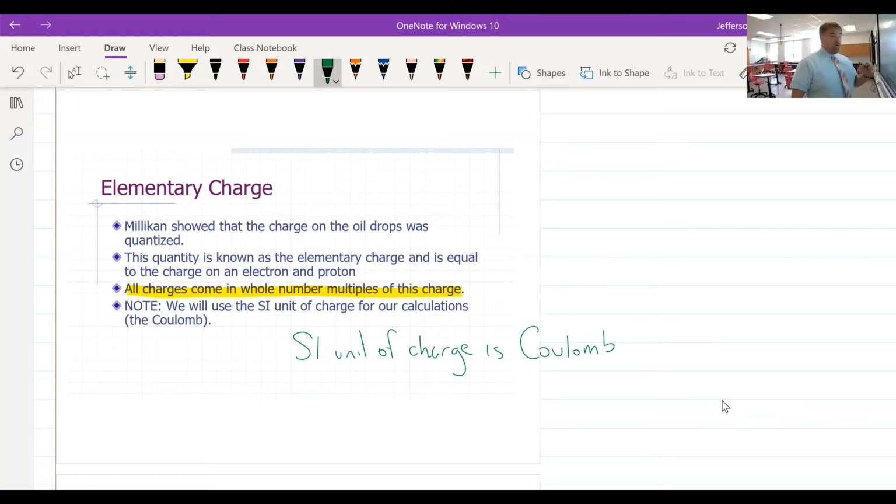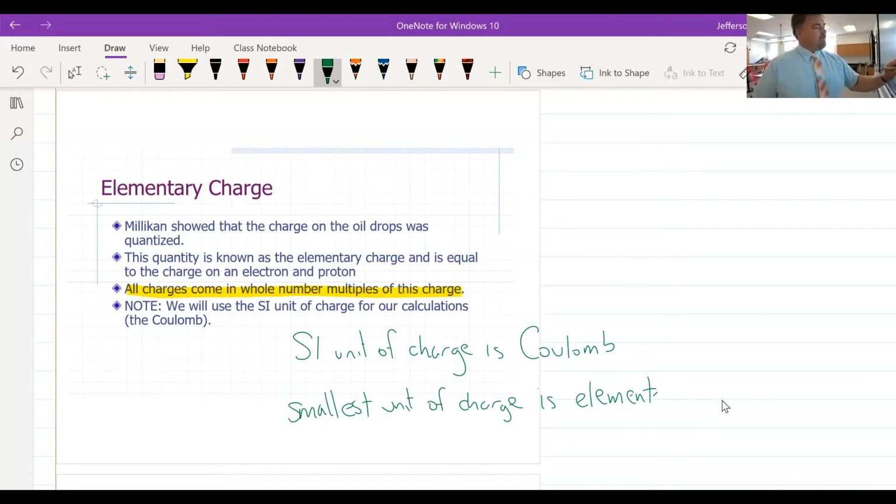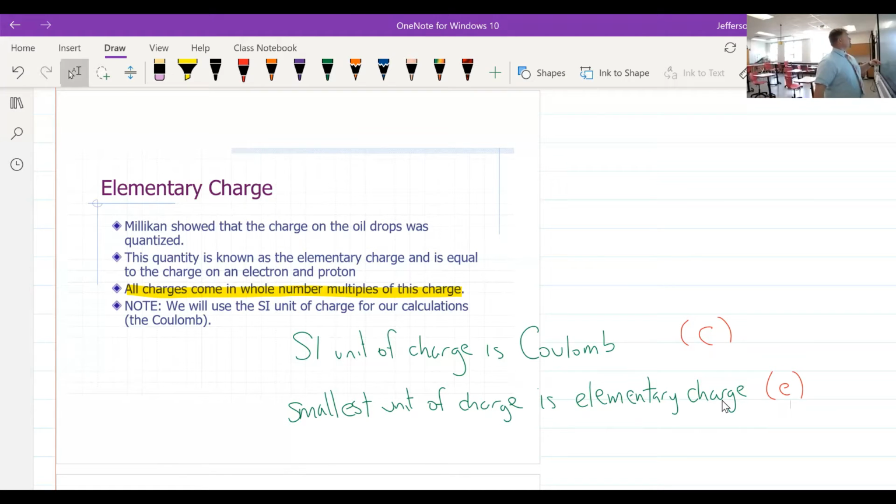But the smallest unit of charge is the elementary charge. And we'll discuss why we use a Coulomb rather than the elementary charge for our calculations tomorrow in class. But I just wanted to let you know, we will use Coulomb as our SI unit of charge.